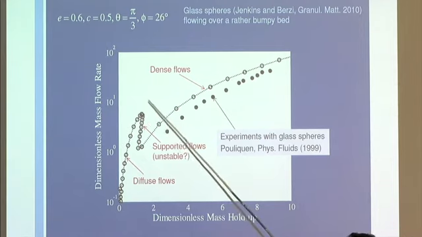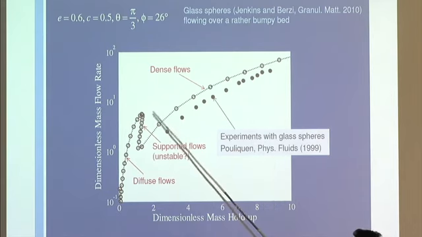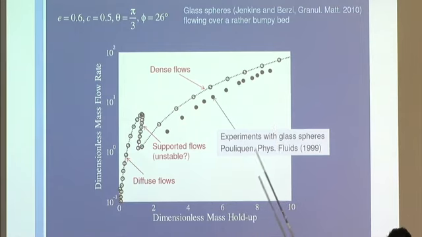And then there is this additional branch, which is quite weird. And here I'm a little bit cheating, because in order to have this point here, I have to give up controlling the hold up, and I have to move to controlling the concentration at the bottom, which is not easy to control in a real experiment.